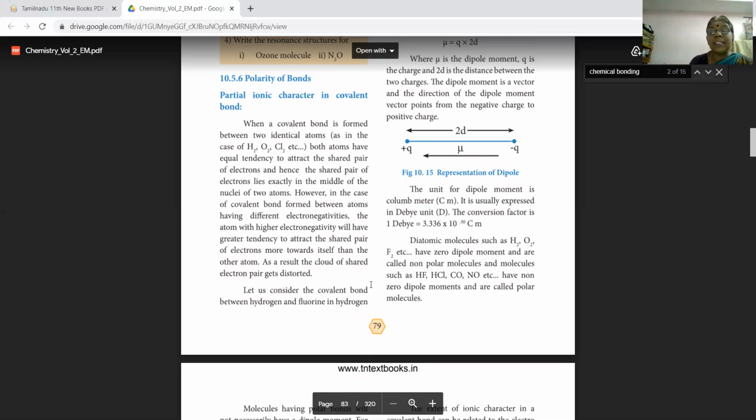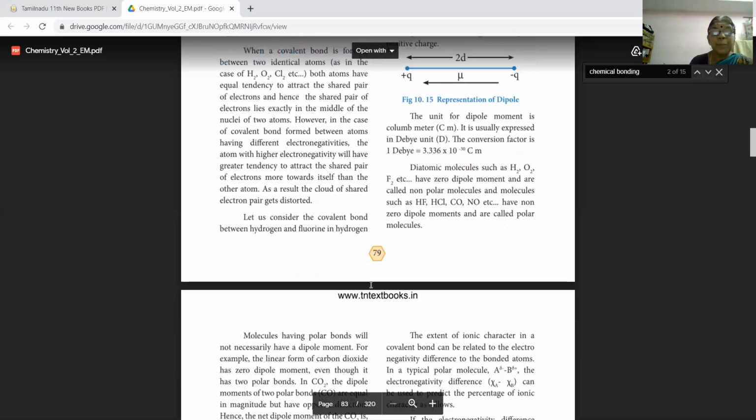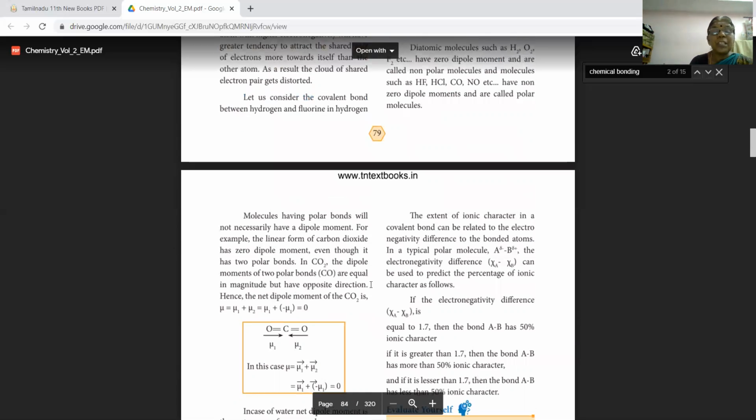Diatomic molecules such as hydrogen, oxygen, and fluorine have zero dipole moment and are called non-polar molecules. Molecules such as HF, hydrogen chloride, carbon monoxide, and nitric oxide all have non-zero dipole moments, and those are called polar molecules.